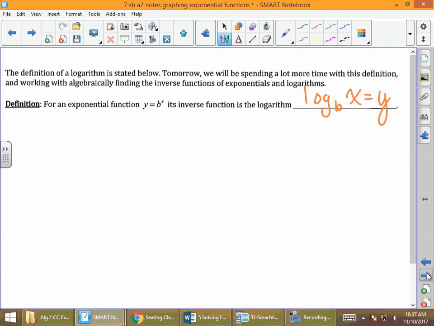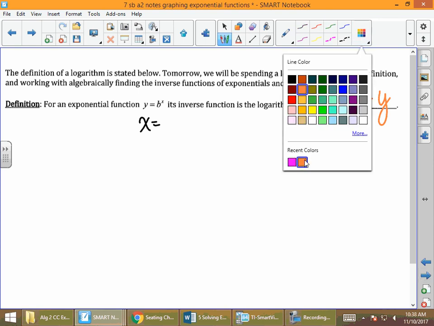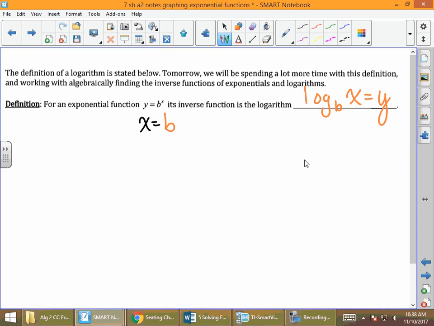By the way, for the inverse of this function, remember, we switched the x and y. So this would have been x equals b to the y when we switched our x and y. So its inverse function is this.